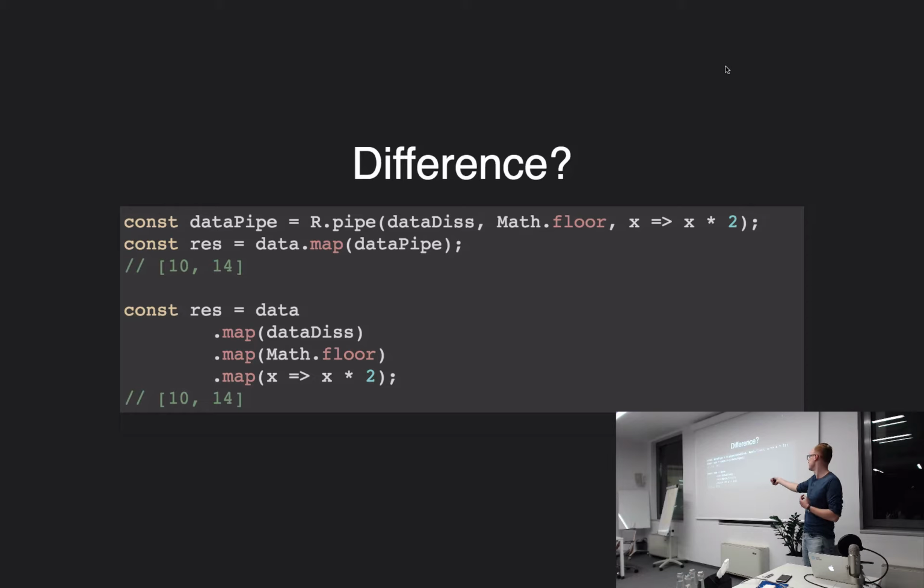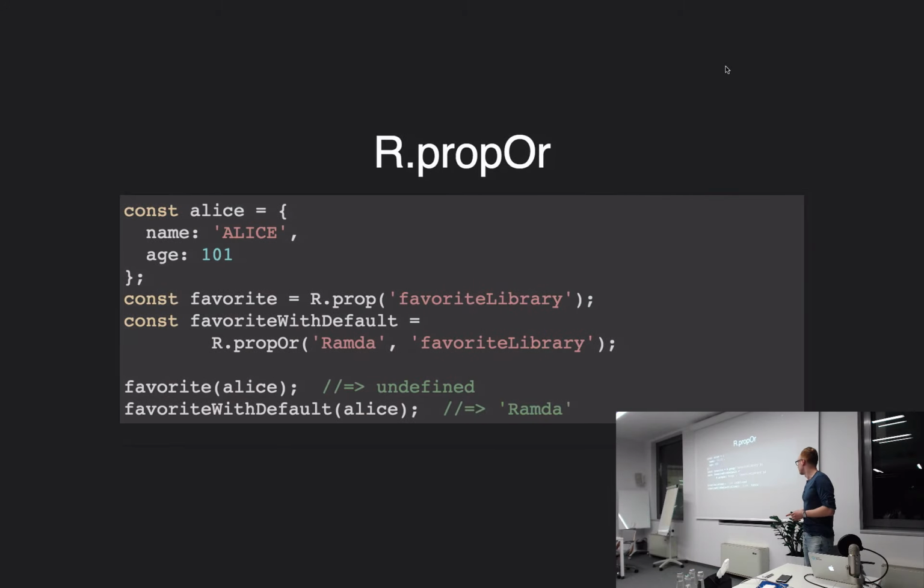So we'll iterate it once and apply data this once. We'll iterate it again and apply the rounding function again. We'll iterate it one more time just to multiply the value by 2, but we can do the same in a pipe and we'll iterate the array only once. So it's useful from a performance perspective.